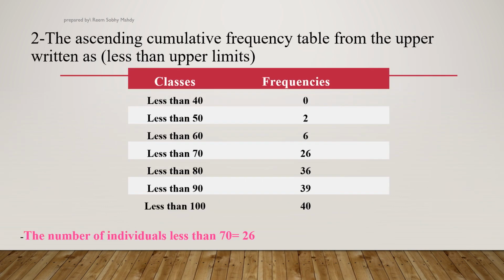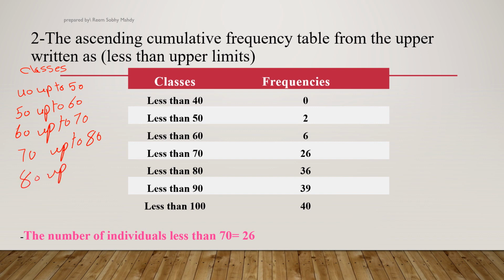The second requirement is to find the ascending cumulative frequency table from the data. Again, back to our frequency table, we can see that our classes are as follows: from 50 up to 60, from 60 up to 70, from 70 up to 80, from 80 up to 90, from 90 up to 100.